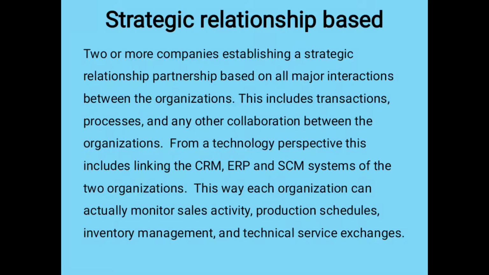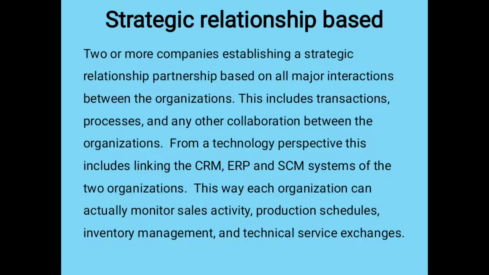And finally, strategic relationship based. So two or more companies establishing a strategic relationship partnership based on all major interactions between the organizations. This includes transactions, processes, and any other collaborations between the organizations. From a technology perspective, this includes linking the CRM, ERP, and SCM systems of the two organizations.